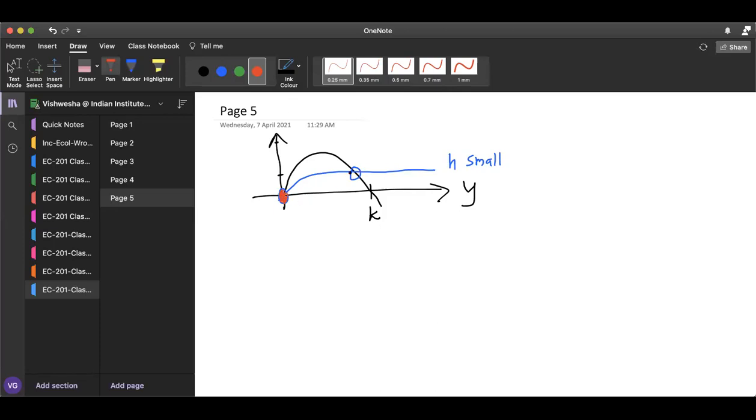And what about this one? If I'm at a slightly larger value than this, the harvesting is more than the growth. Therefore, the population reduces. On the other hand, if I'm on the lower side, the growth is more than the harvesting. So this is a stable equilibrium.